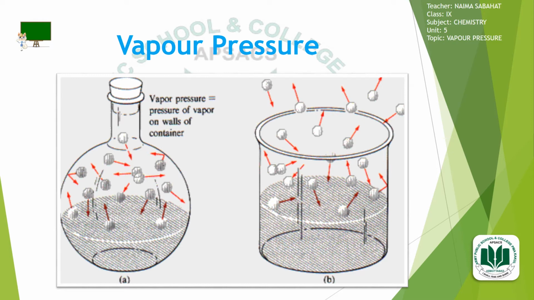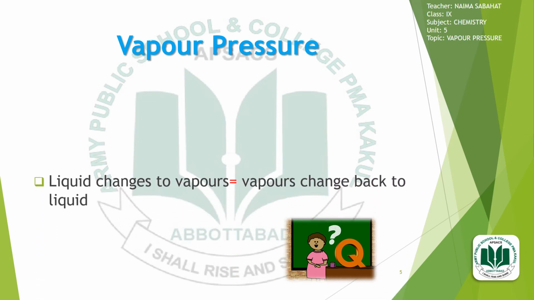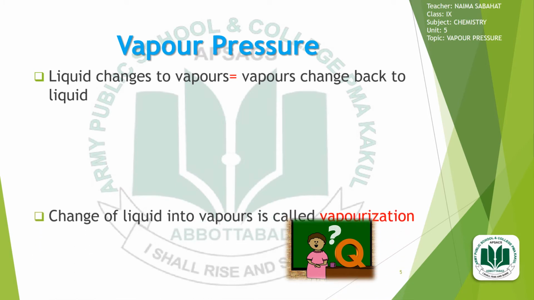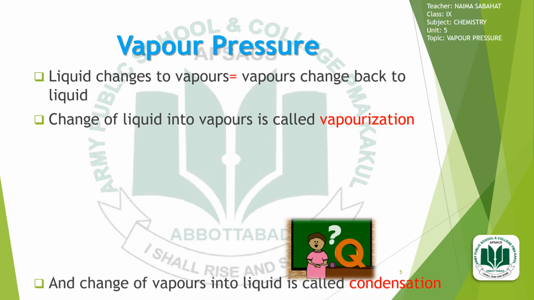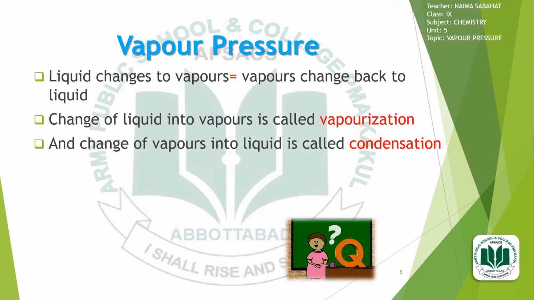And a time comes when the rate of evaporation equals the rate of condensation. At this stage, liquid changes to vapors, and vapors change back to the liquid. Change of liquid into vapors is called vaporization, and change of vapors into liquid is called condensation.